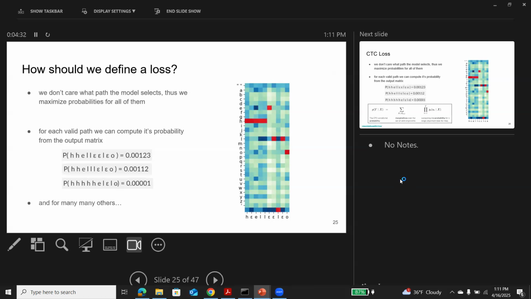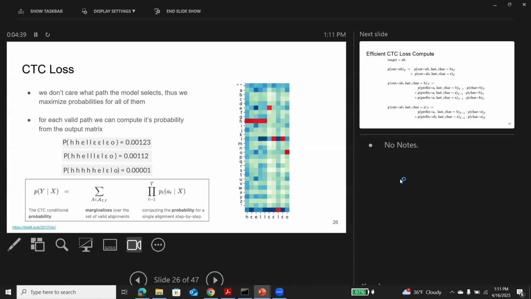And for different sequences, we will have different probabilities. Okay, and this is our loss function. We have prediction y, and we have the true word x. And we want to calculate all valid predictions for the given word x.